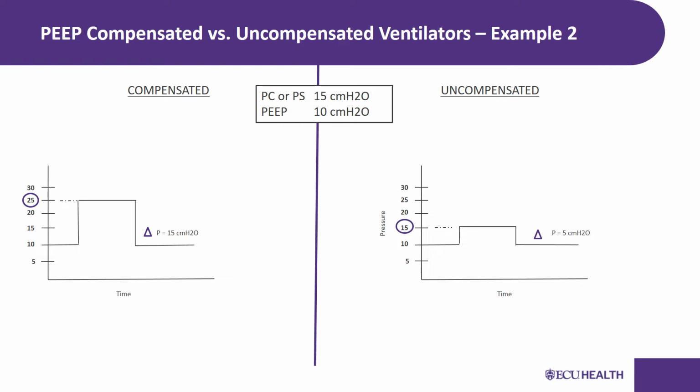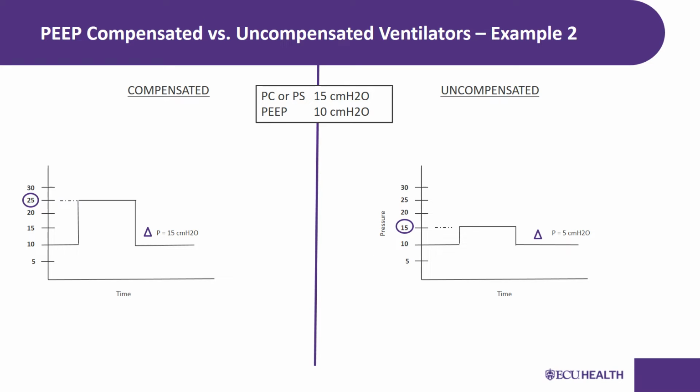This is the most important part of why it is important to understand the difference between both of these types of ventilators. As a respiratory therapist, your modifications could significantly impact your patient. So, in our compensated ventilator, we set a PEEP of 10 and our pressure support above our PEEP we set to 15. This now makes our total pressure or peak inspiratory pressure 25.